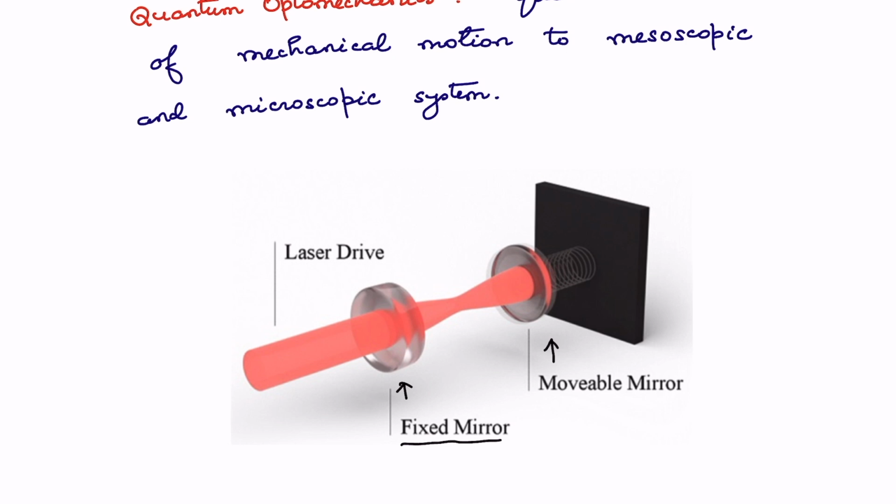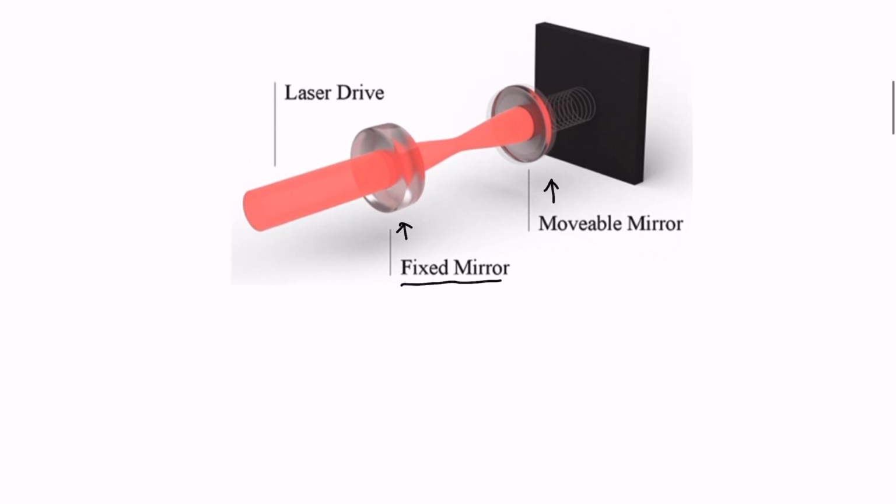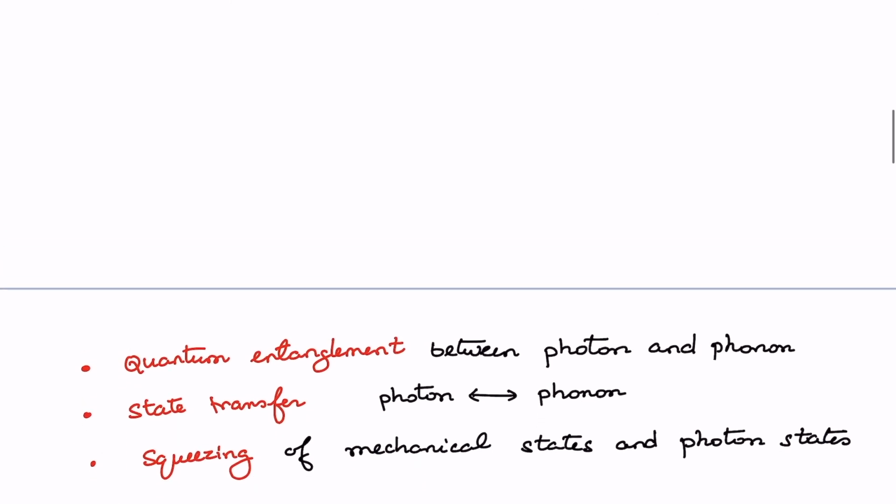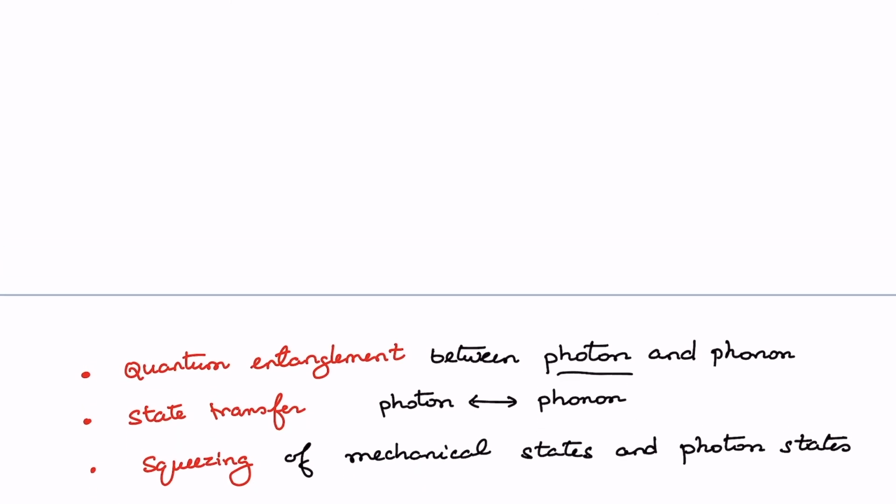This optomechanical coupling is the root of phenomena such as quantum entanglement, and in this case the entanglement happens between photon and phonon. A photon is, as you know, the quantum of light, and a phonon is the quantum of mechanical motion.